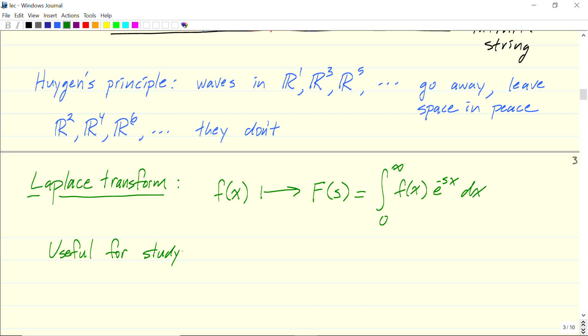ODEs. Initial value problems at x equals 0 for ODEs. And engineers love it because it turns ODEs into algebra problems.